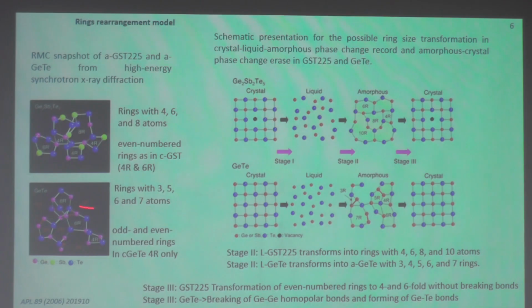So, based on the local structure of the amorphous state, one can propose the transition model from the amorphous to the crystalline state, and it happens in several stages. If you start from the crystalline state of GST225, then we can go to the liquid state, and then it amorphizes after high cooling.